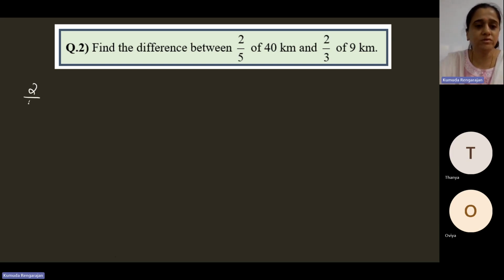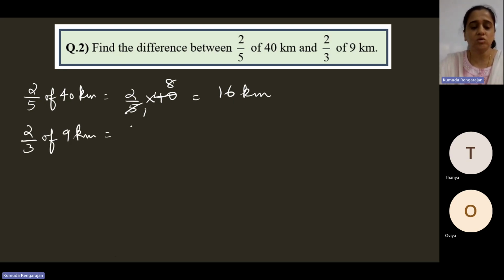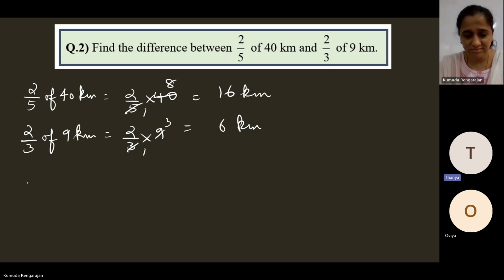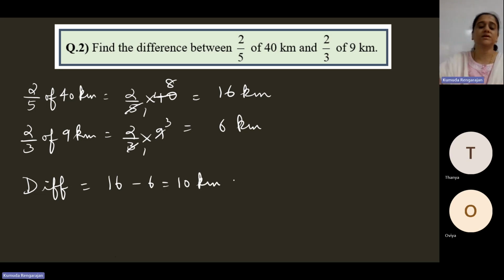So what is 2/5 of 40 kilometers? 2 by 5 into 40. Of means multiplication. So 5 ones are 5, 5 eights are 16 kilometers. And what is 2/3 of 9 kilometers? 2 by 3 into 9. 6 kilometers. So what's the difference? Difference is 10 kilometers. Correct. The difference is 16 minus 6, 10 kilometers.